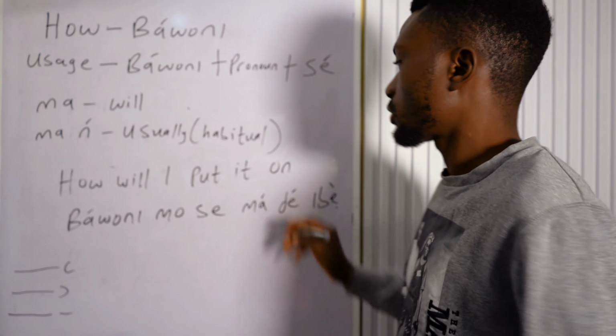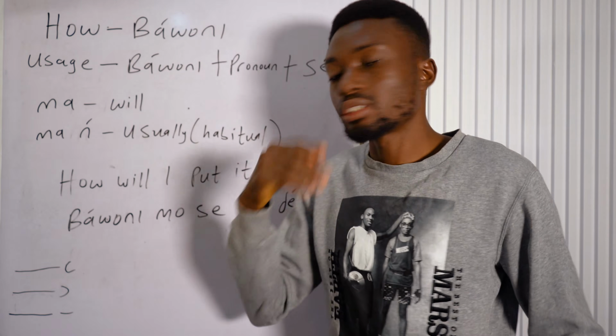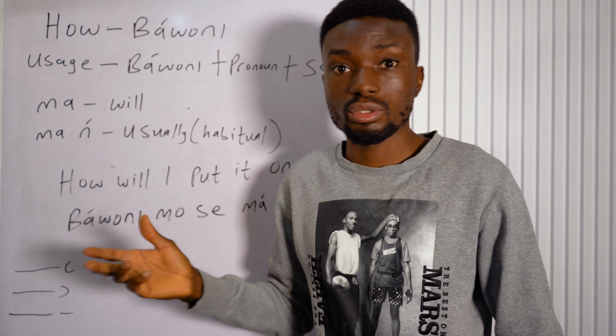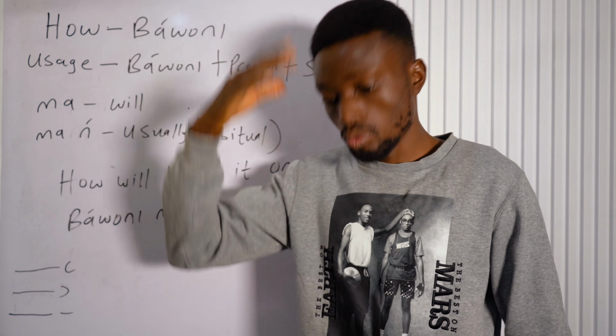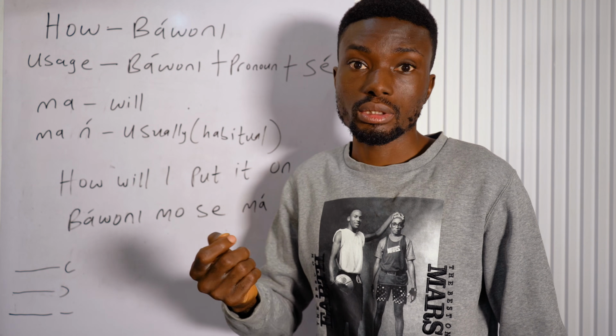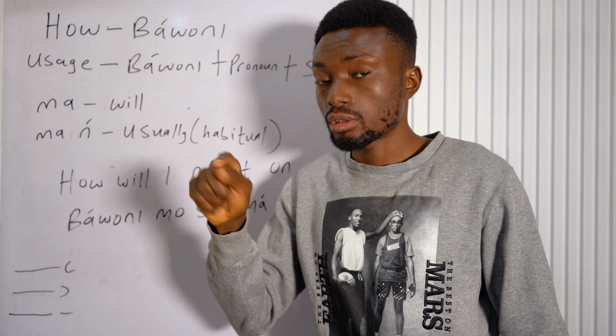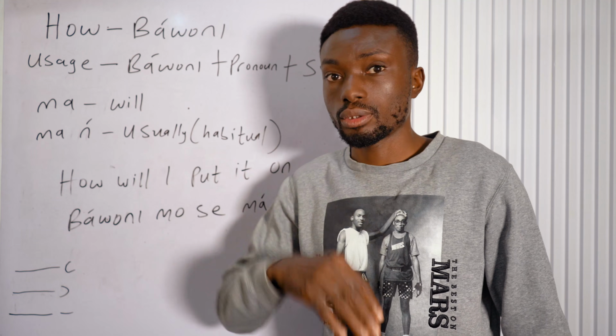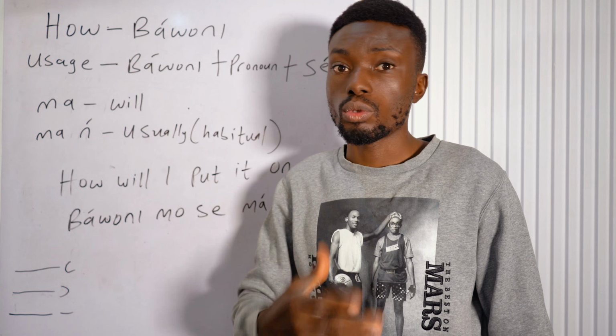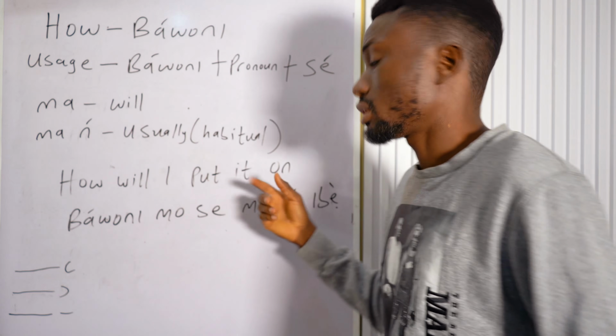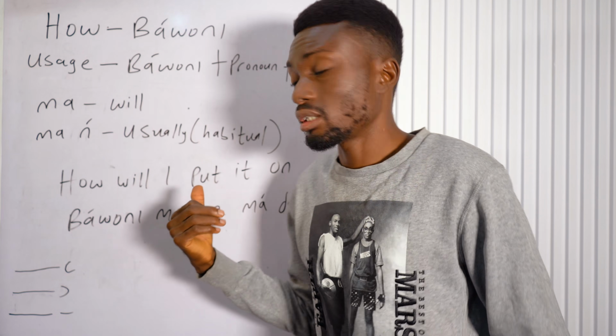How will I put it on? Put it on in Yoruba is one word, and that is wọ̀. I put on my clothes. Mo wọ aṣọ mi. I put on my clothes. So put it on in Yoruba is one word.